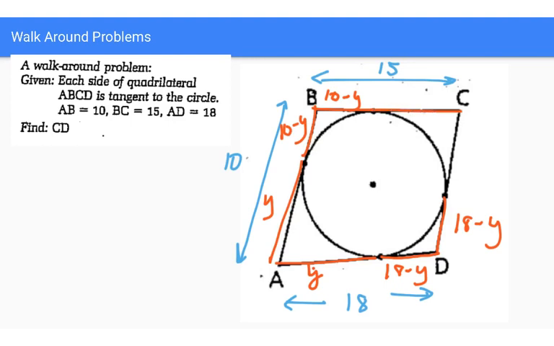This is 15 minus whatever that number is, 10 minus Y. So what does that simplify to? That's right, it simplifies to 5 plus Y.